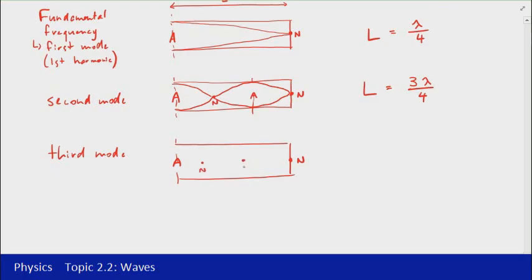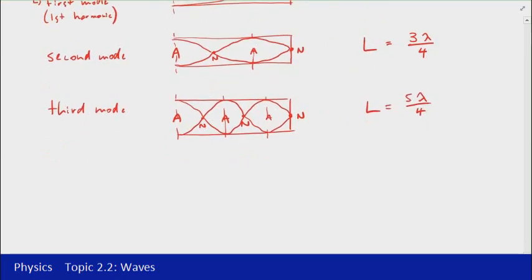So we'd have 2 more nodes there and 2 more antinodes, and again that repeating pattern, that shape of the waveform being produced. If you count up the number of quarter wavelengths, so node to antinode would be 1/4, there's 1, 2, 3, 4, 5 of those. So the length there is 5 lambda on 4. Now this one's not quite as obvious to figure out.